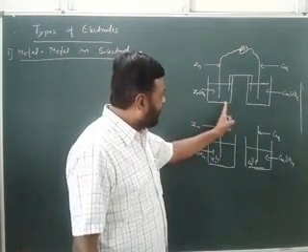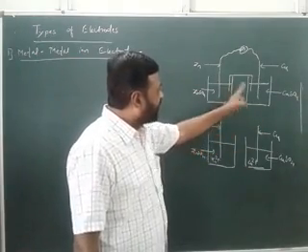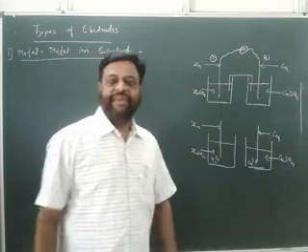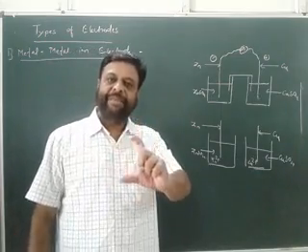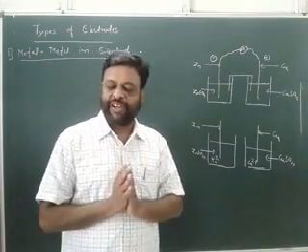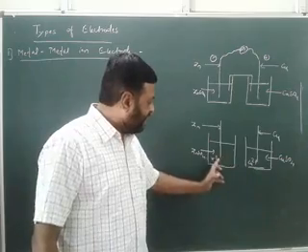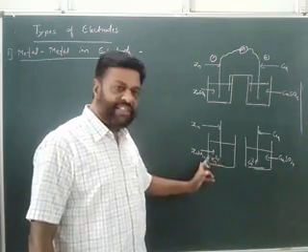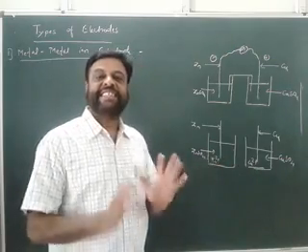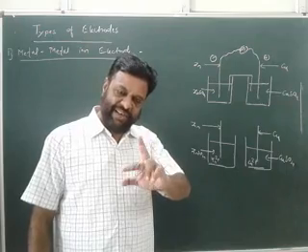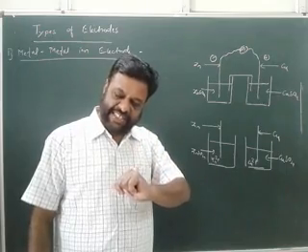So in Daniel cell, the negative electrode as well as the positive electrode are of the same type, that is metal ion electrode. All clear? The metal is in contact with the solution containing its own ion. There are two phases: one is the solid phase, another is the liquid phase.